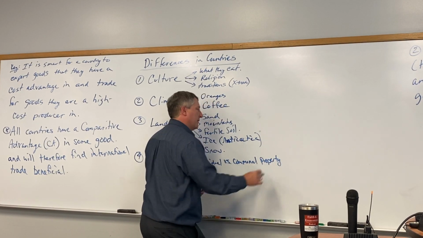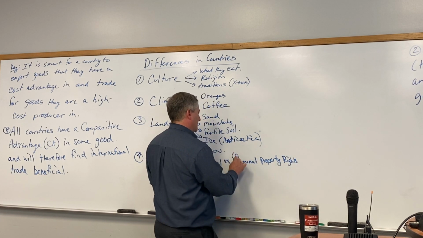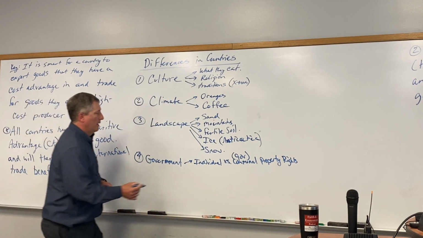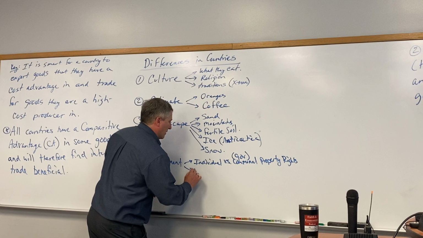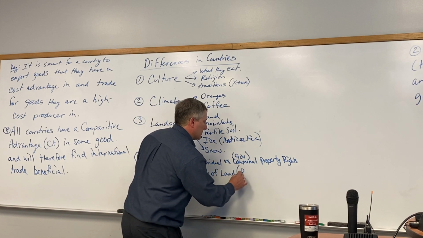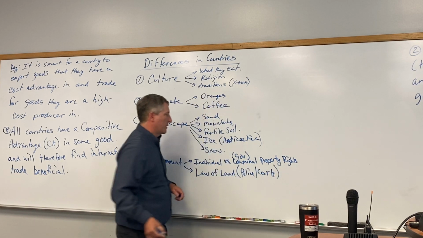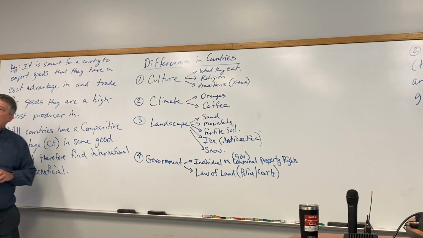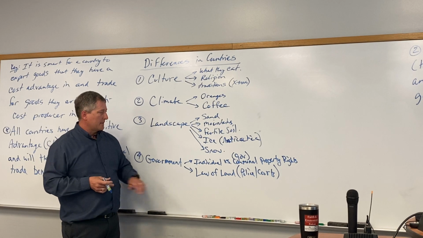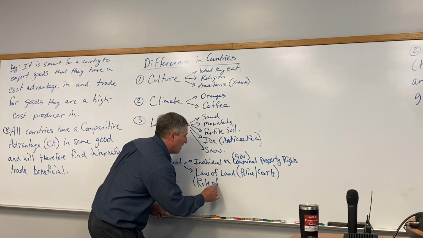Communal usually meaning government property rights, and I'll just put government up here. So government ownership of property or individual, the law of the land. So we got police and courts. Are they corrupt? Can you call a number and expect the police to be there in a timely fashion? So that's kind of the rule of law, the law of the land, rule of law.